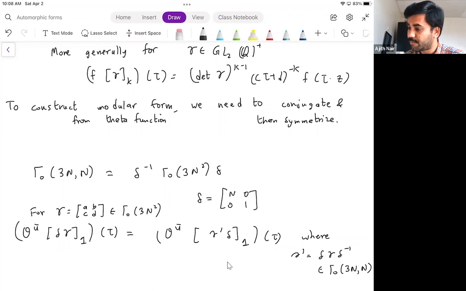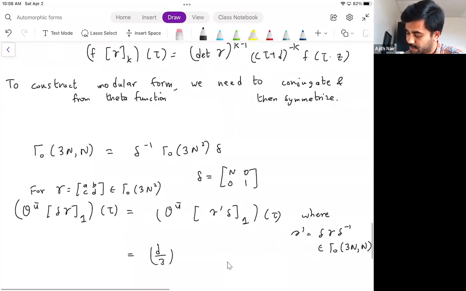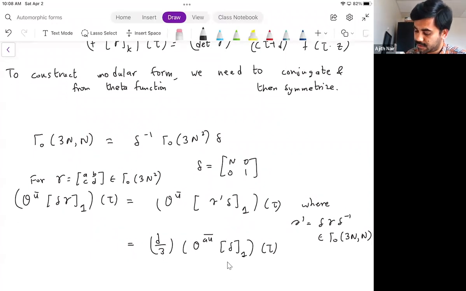And then by the previous proposition, this is going to be equal to the character d over 3 times theta a u bar delta of tau. So we see that if you just take theta u bar delta, then this is the same as theta u bar delta applied gamma 1.